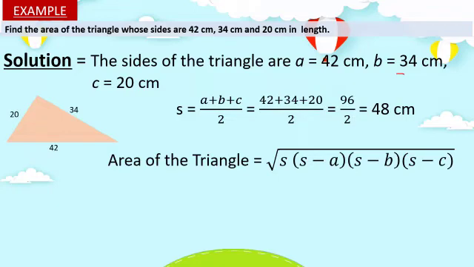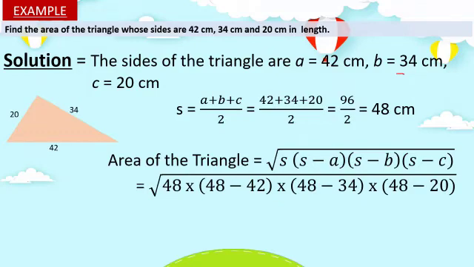Area of the triangle is equal to square root of s into s minus a into s minus b into s minus c. Now substitute the values. That is square root of 48 into 48 minus 42 into 48 minus 34 into 48 minus 20. That is equal to square root of 48 into 6 into 14 into 28.